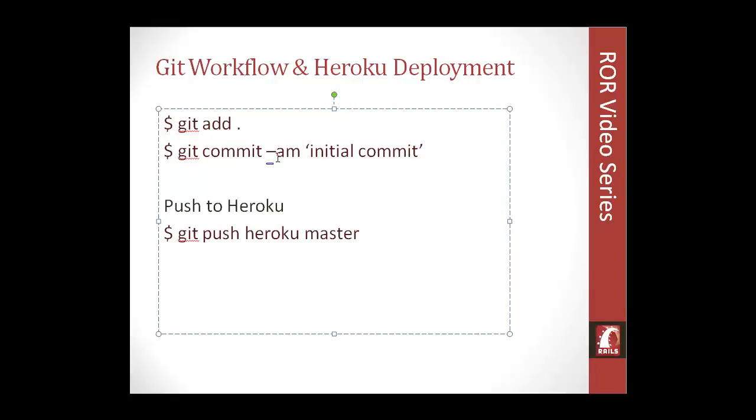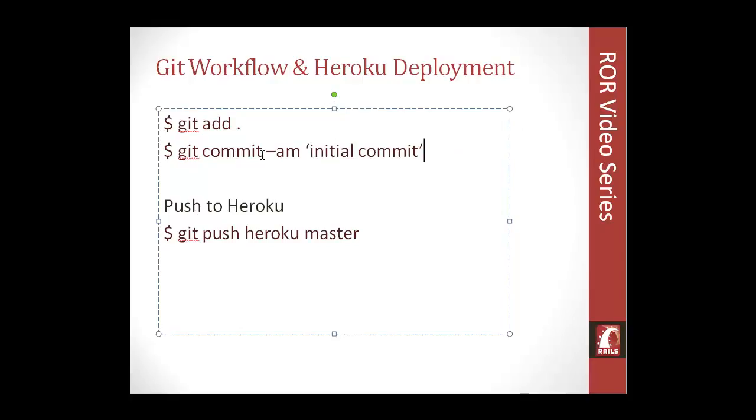And the a is for, say you deleted a file. If you didn't have this a here and you committed it, it wouldn't sync. It wouldn't delete the file on the server. So in order for that to happen, you need to add this a option, and then you just have your comment.